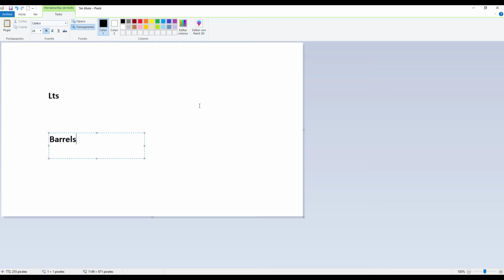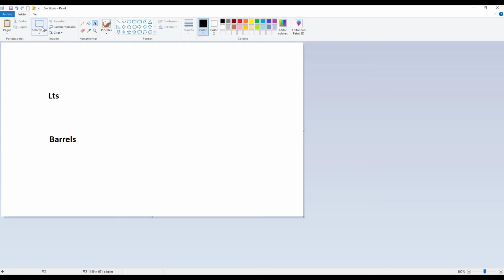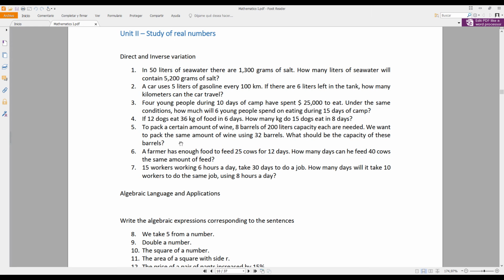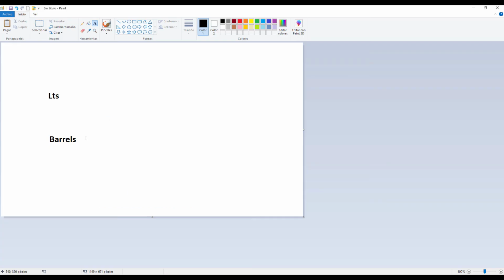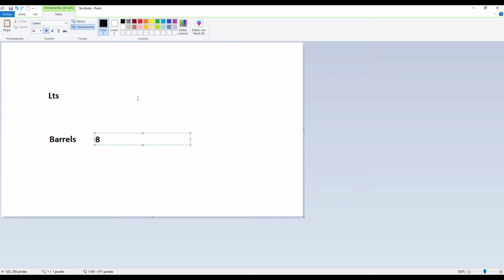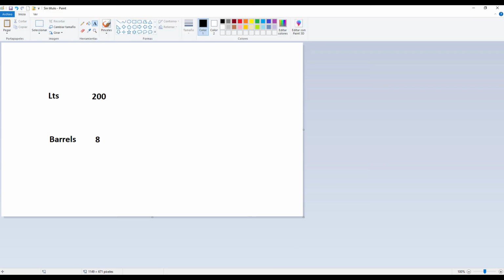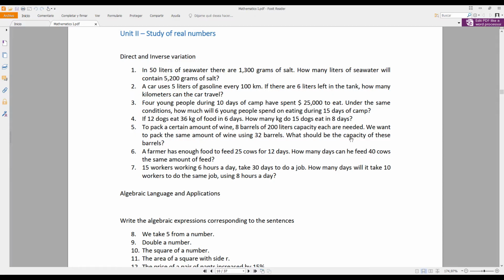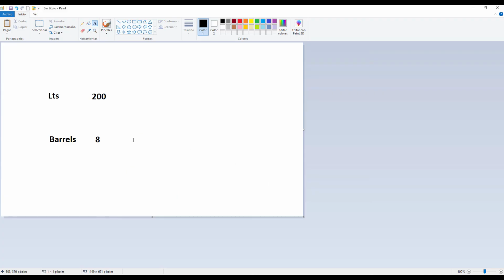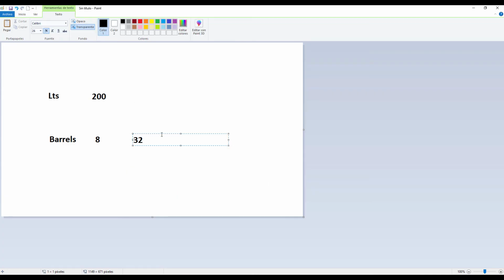The first data that we have: 8 barrels, 200 liters, and the next data, 32 barrels.